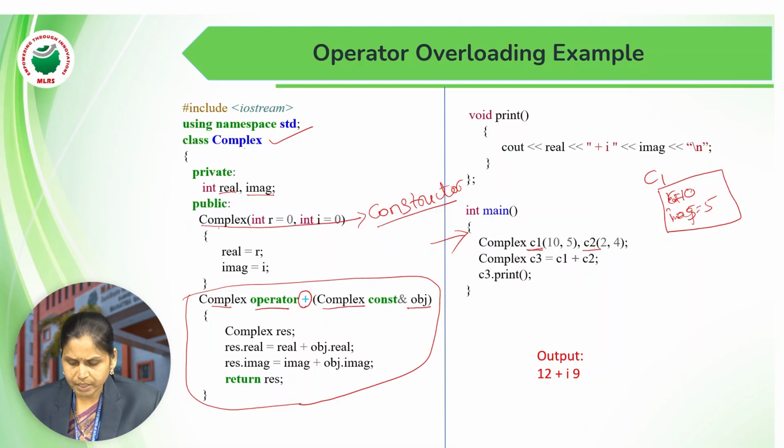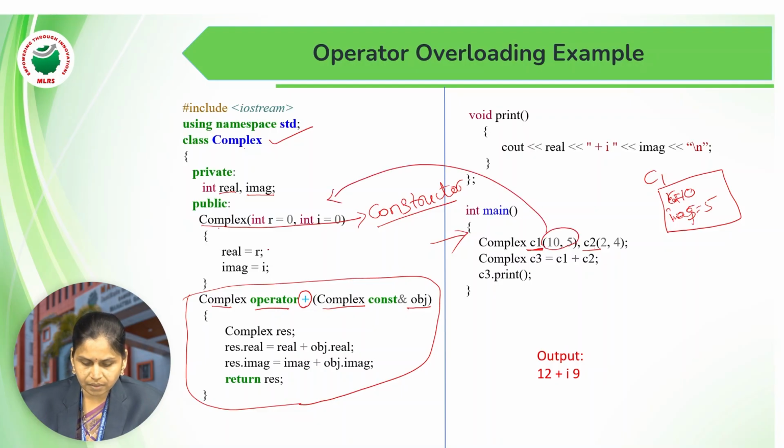When I create C1, it executes the constructor and these two values are passed to it. The real value is by default initialized to 0, but when I pass these two values, they are replaced: r equal to 10 and i equal to 5. In the first object, the real value is 10 and the imaginary value is 5.